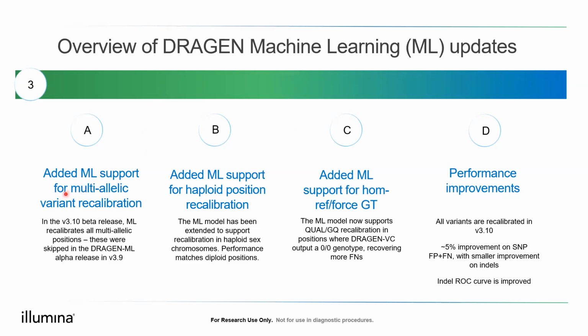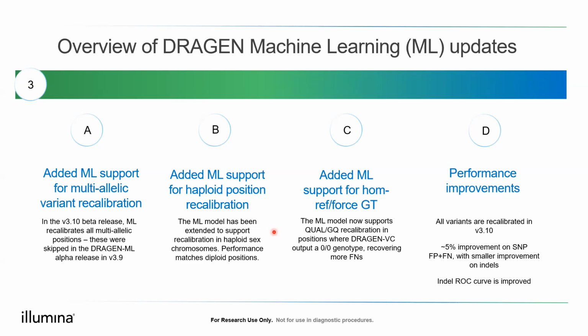What we have done in 3.10 is add support for multi-allelic variant recalibration. So all these multi-allelic positions will be recalibrated. These were skipped when we released the alpha version in 3.9. There is support now for haploid position recalibration, specific to the sex chromosomes and the haploid regions in there.